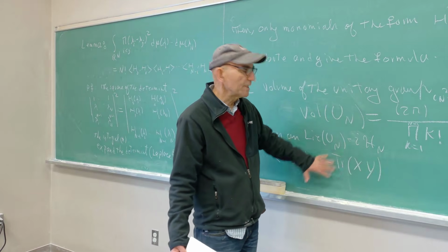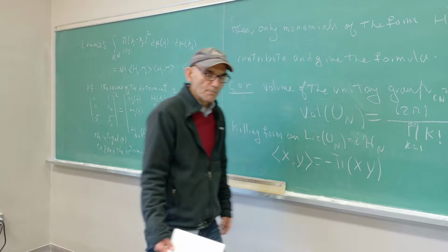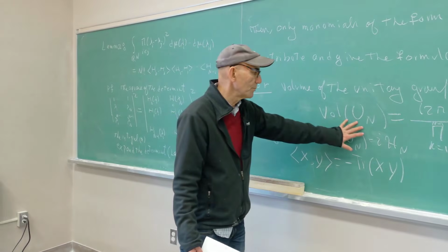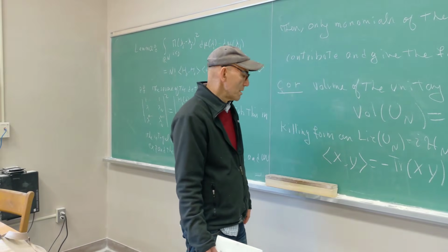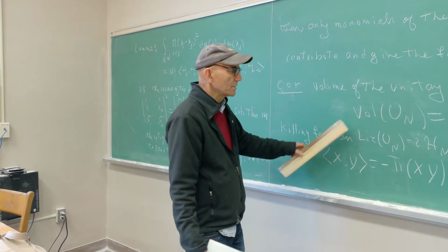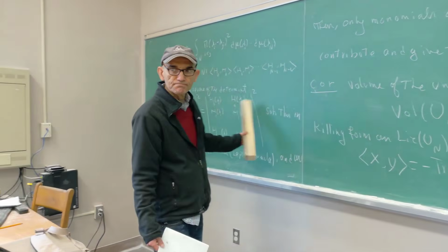And it is with respect to this that we are talking about the volume. We have to be very clear about what we mean by the volume. So this is a consequence of the Weyl integration formula and this calculation.